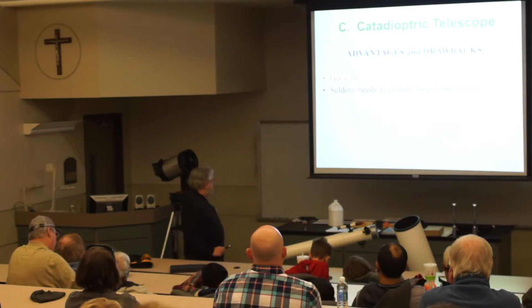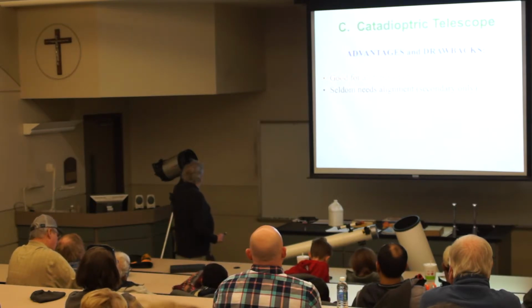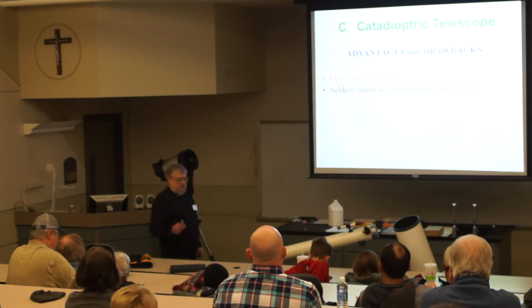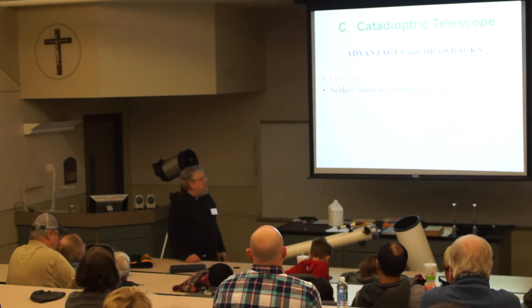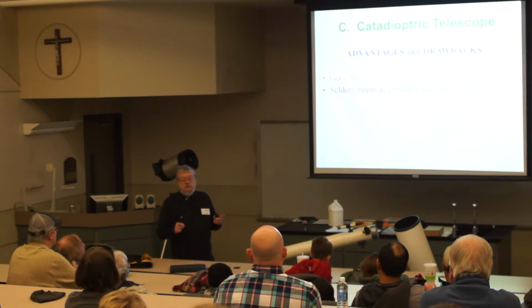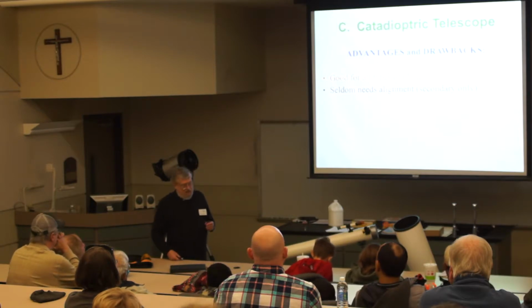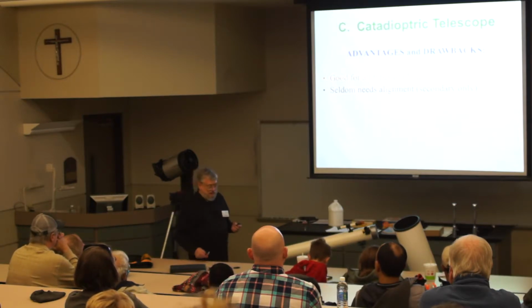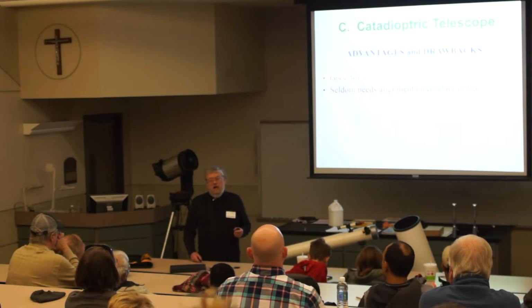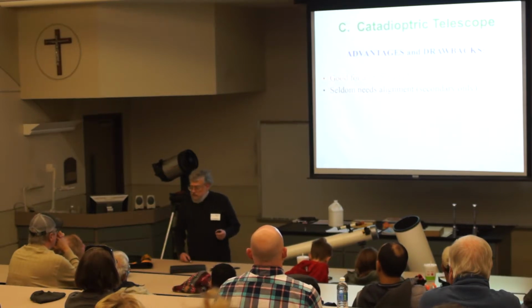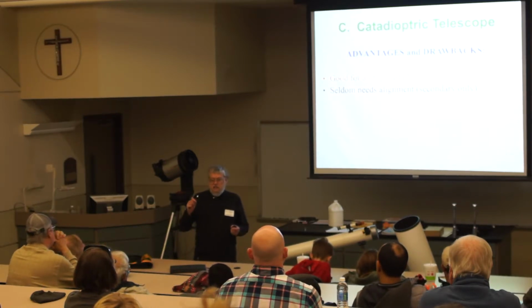The only thing you can adjust is the secondary mirror, which usually has 3 little screws on it. And if you do have one of these and it does get out of alignment, the usual symptoms are the stars don't come to a sharp focus. And there's a simple way to adjust the secondary mirror. I suggest, though, that if you go to do that, you buy some little knurled knobs.